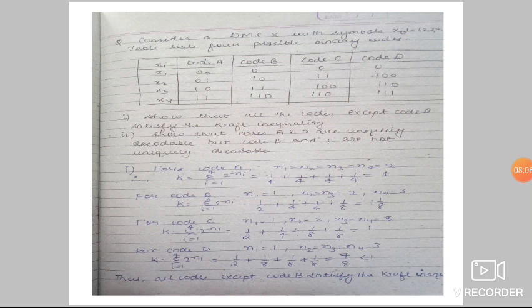Thus all codes except code B satisfy Kraft's inequality, because for code B the value is greater than 1. Now we will move to the second part of the question. Codes A and D are prefix free codes. They are therefore uniquely decodable.